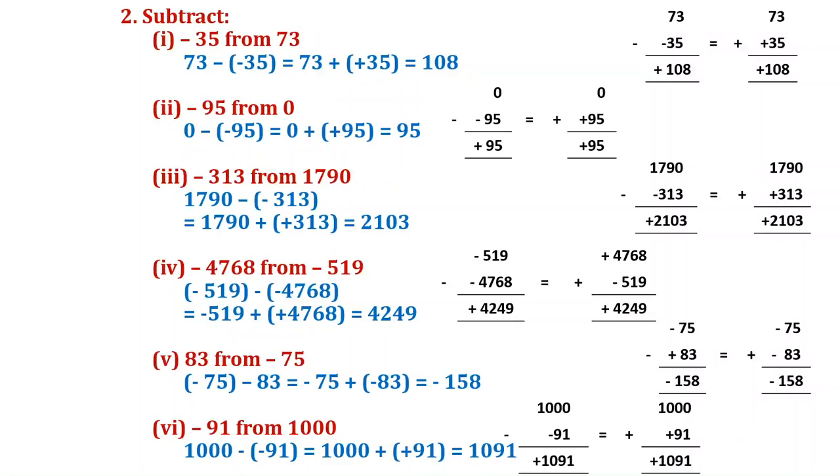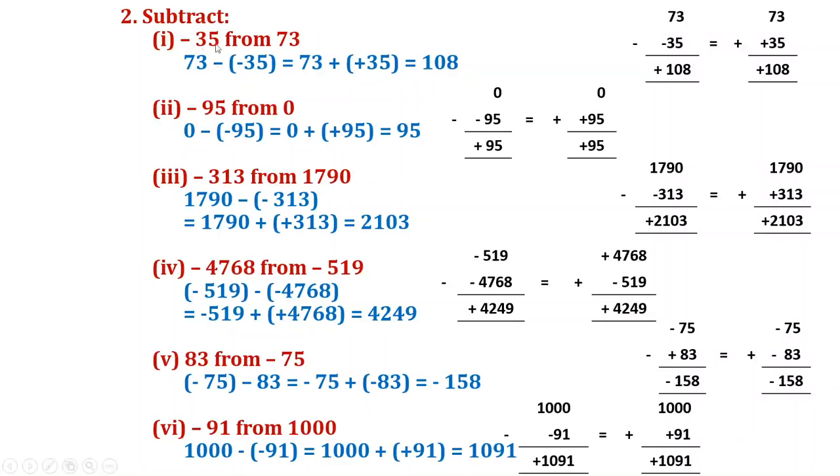So first, which number do you have to write here? 73. So from 73 you have to subtract minus 35, so you should write the minus sign in between them first. This minus sign is the operational sign which we are going to operate on these two numbers.